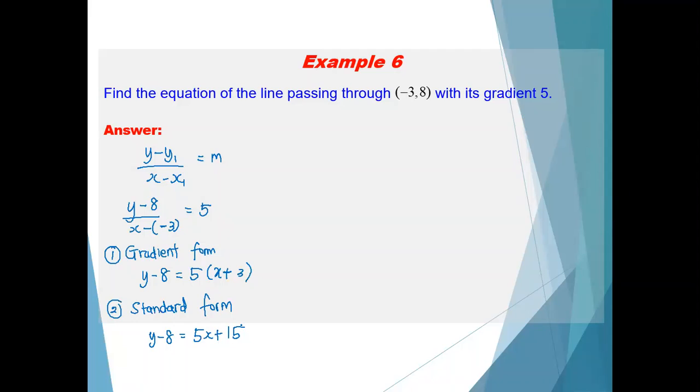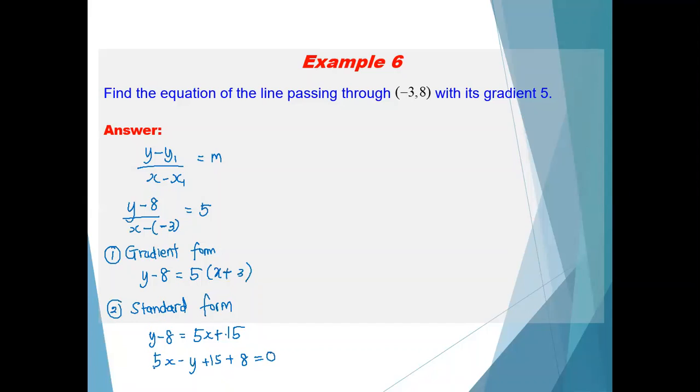Okay, left hand side is equal to 0. So okay, rearrange akan jadi 5x minus y, okay, plus 15 minus 8 equal to 0.